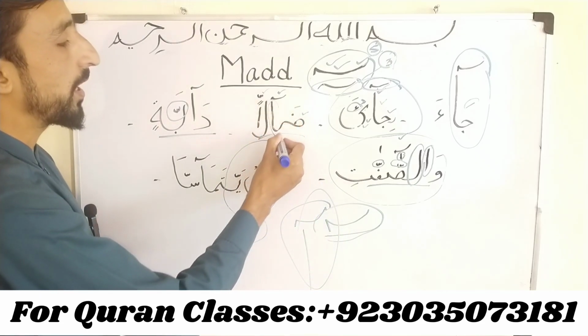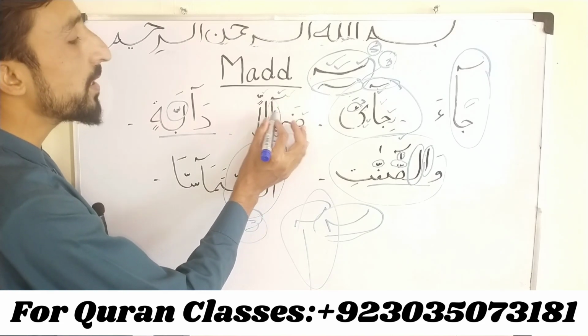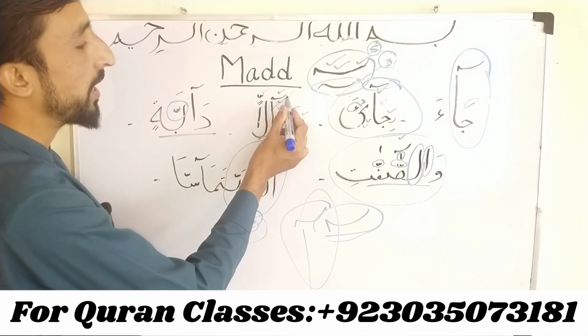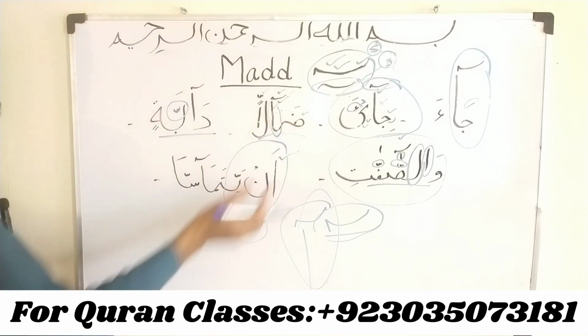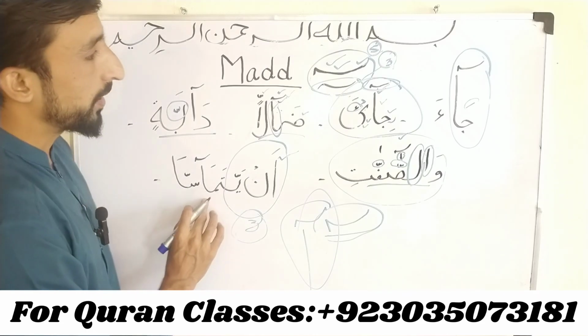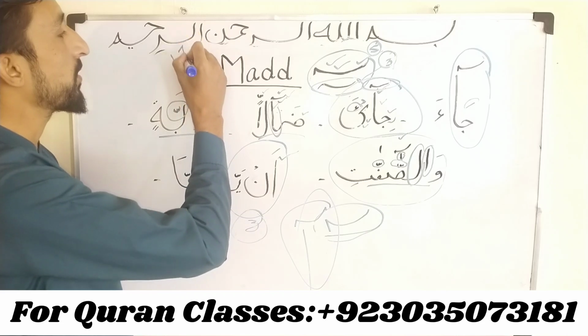Like here, alif has only a sign of mad, so this alif must be read. We don't silence or skip this alif, so these words must be practiced. This chapter is chapter number 17.